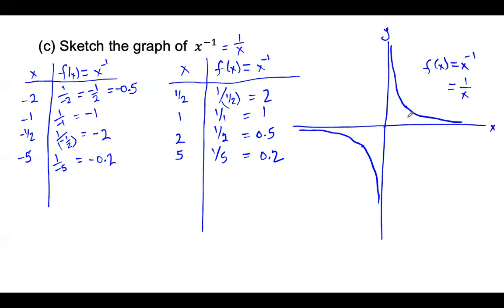If x goes to infinity, as x gets larger and larger in this direction, what happens? It goes to 0. If x goes to negative infinity this way, what happens? It also goes to 0.